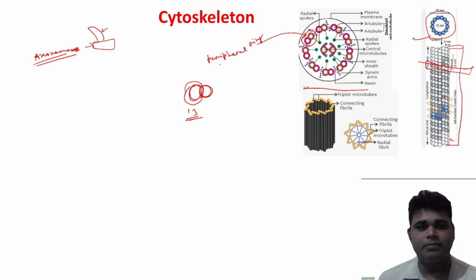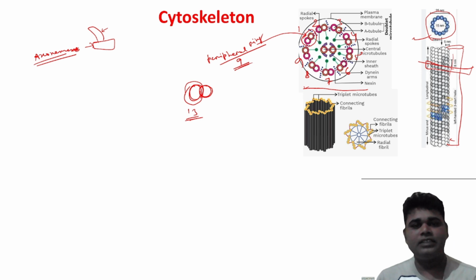So this is called the peripheral ring. In the axoneme, the outside rings are called the peripheral rings, and there are 9 of them. This is the first, second, third, fourth, fifth, sixth, seventh, eighth, and the ninth.